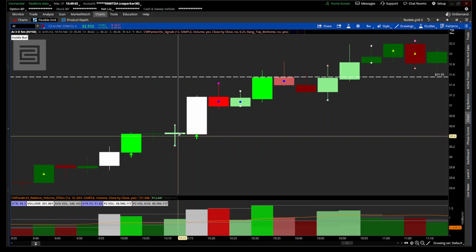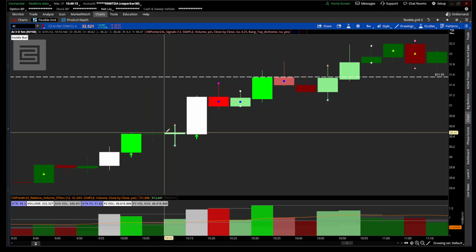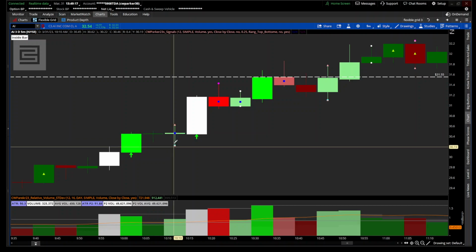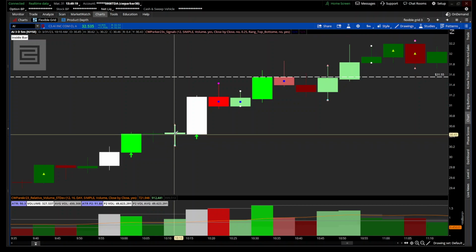That's one of the reasons why I'm considering it a divergence in price, because the stock tried to push lower, but the close pushed higher. So that gave you our divergence.